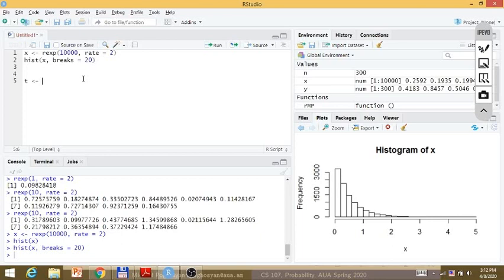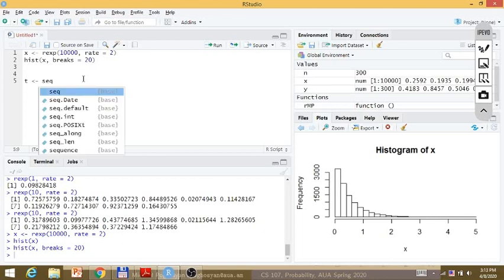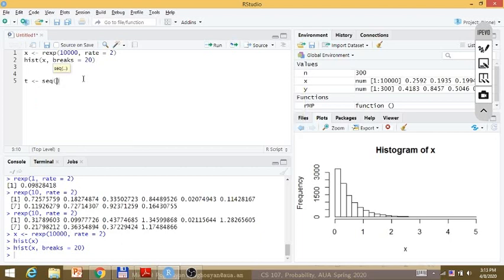I want to draw from 0 to say 5 or 6. I'm taking a sequence of numbers, from is equal to 0, to is equal to say 5, by the step size 0.01. So I have a lot of numbers.